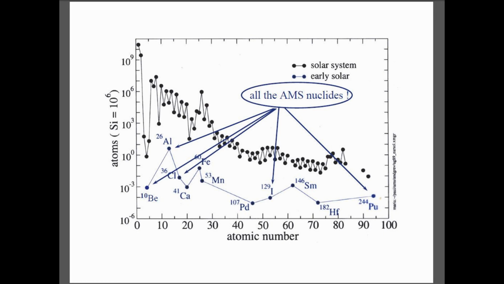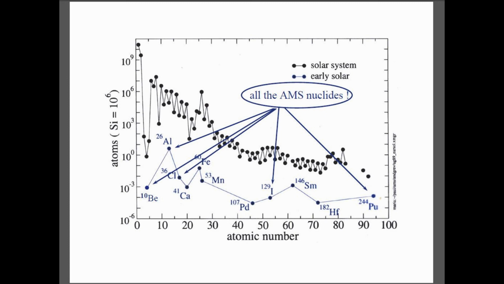Each one has a different half-life, so they are capable of saying more than stable elements. Stable elements don't say anything about time, because they could have been created at the origin of the universe, very close to it. These, if they exist in the early solar system, must have been produced not more than a few half-lives before. So each one has something to say about history, about time, evolution, which is different from stable elements.